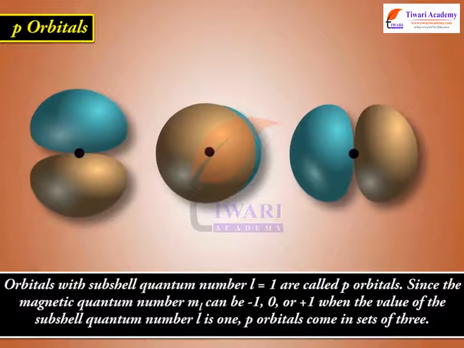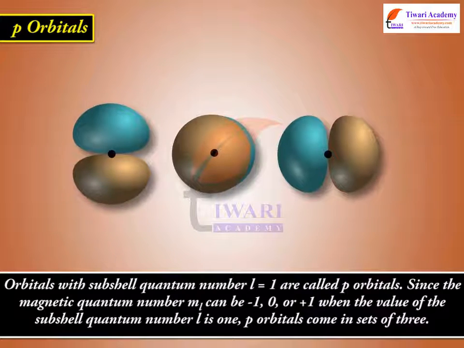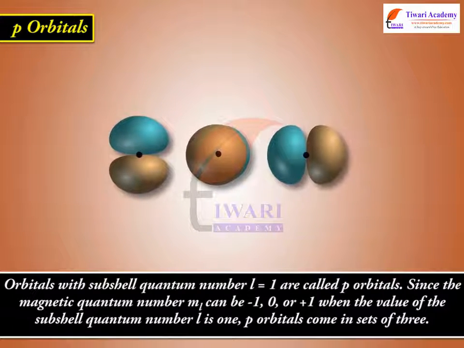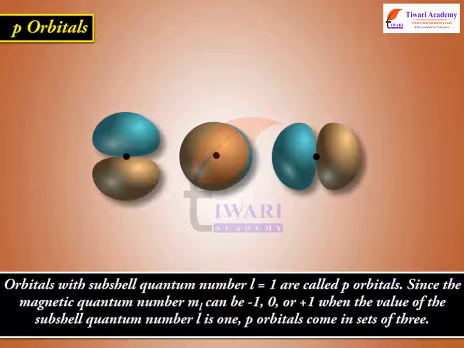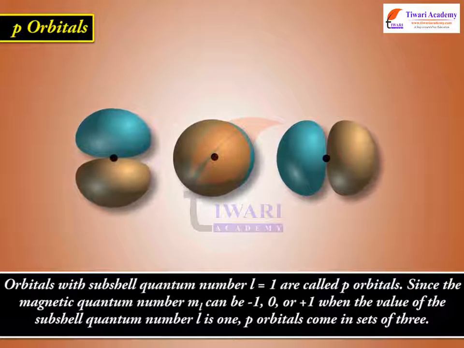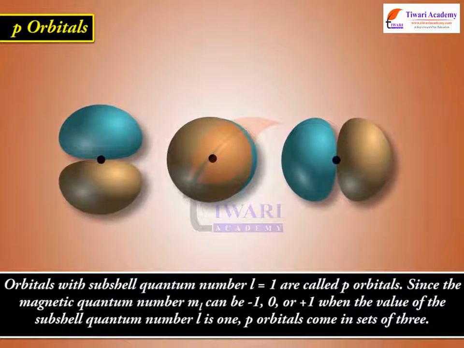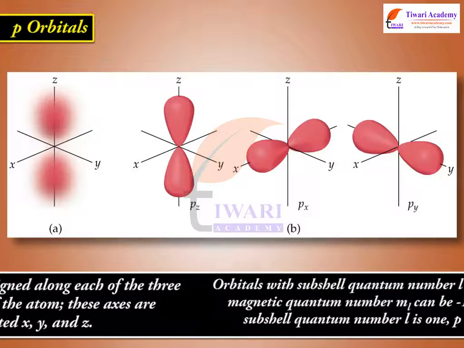Orbitals with subshell quantum number L equal to 1 are called p orbitals. Since the magnetic quantum number m_L can be -1, 0 or +1 when the value of the subshell quantum number L is 1, p orbitals come in sets of 3.